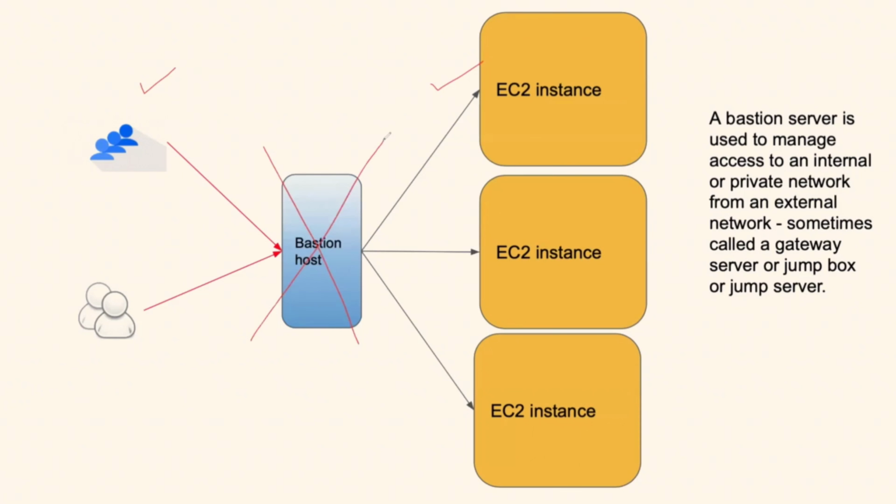The moment we destroy it, there are no connections that can be made from the public internet to our private network. If we want to reestablish, we can bring up this Bastion host again using automation. But the critical piece of infrastructure that we want as part of security is in place.